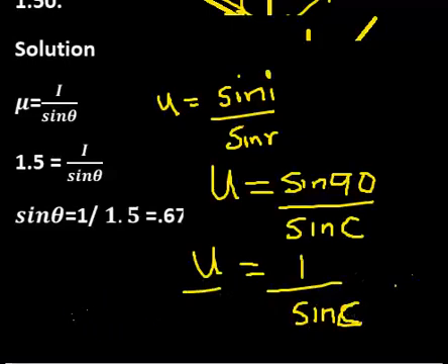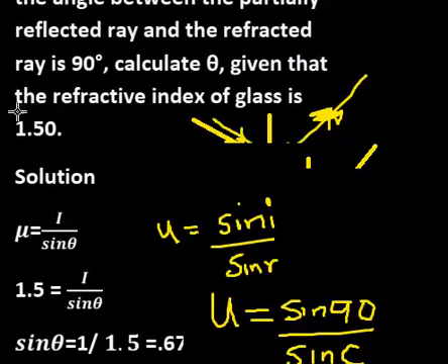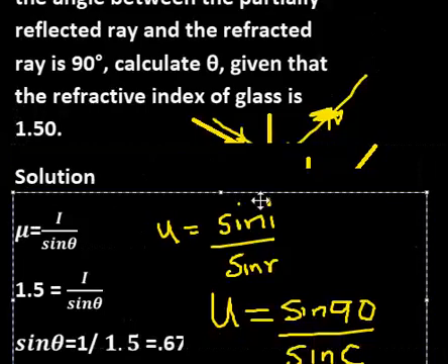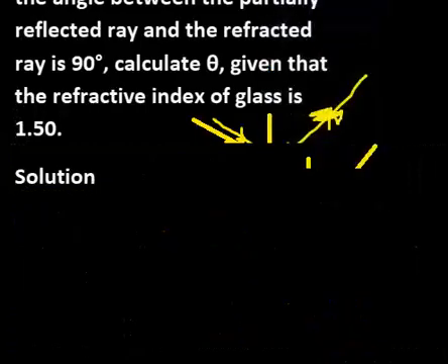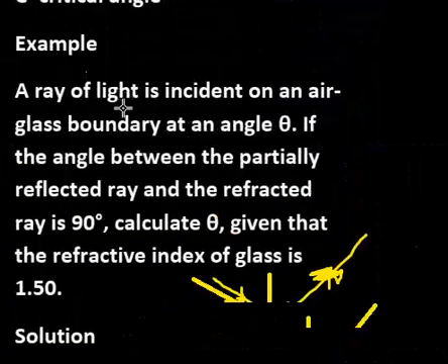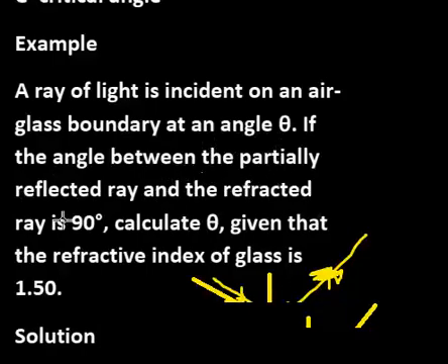In case you are asked to evaluate the critical angle, let's look at a question that will illustrate this. I think this is an example. Example: a ray of light is incident on a glass boundary at an angle theta. If the angle between the partially reflected ray and the refracted ray is 90 degrees, calculate theta.